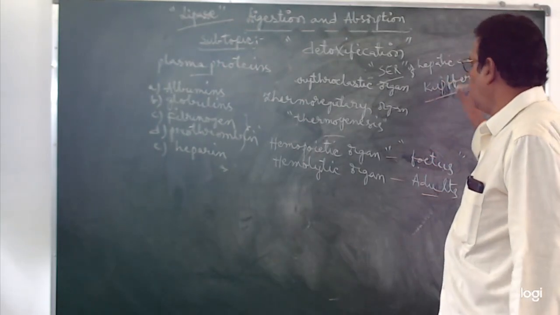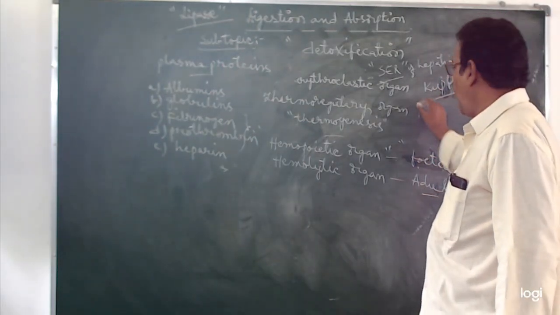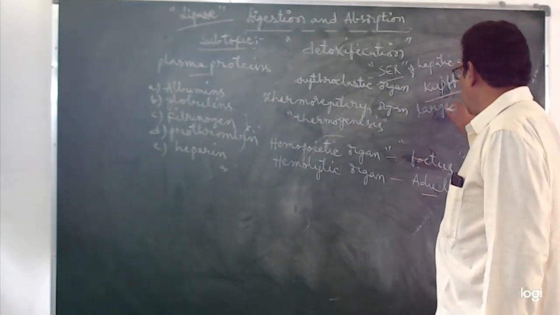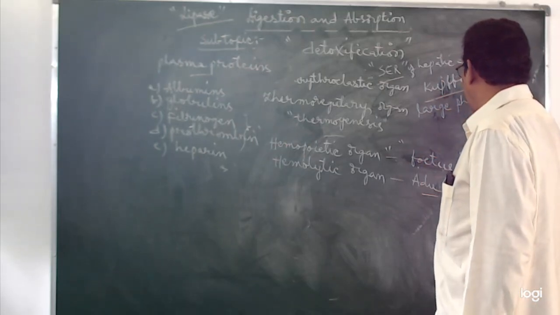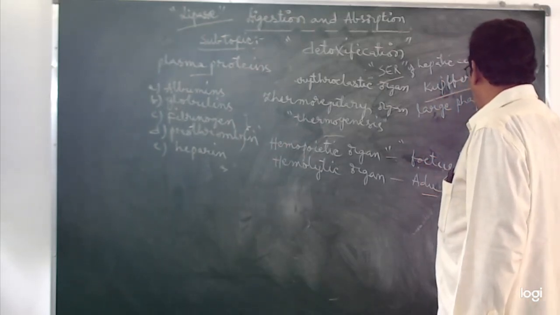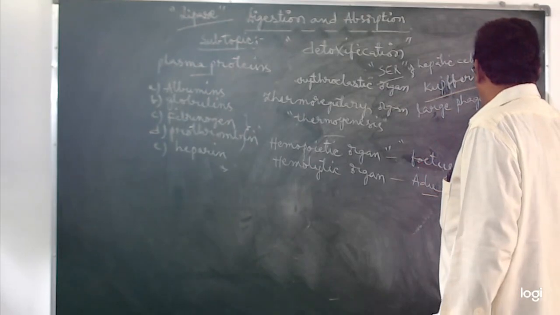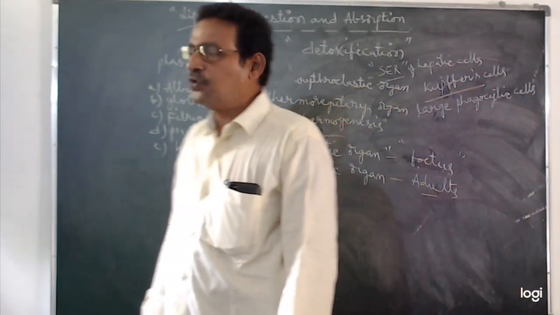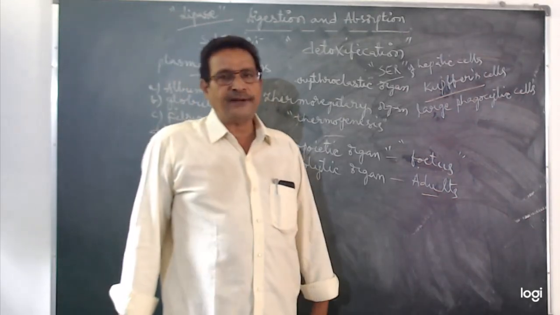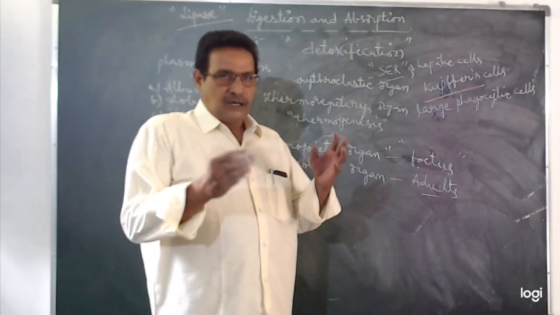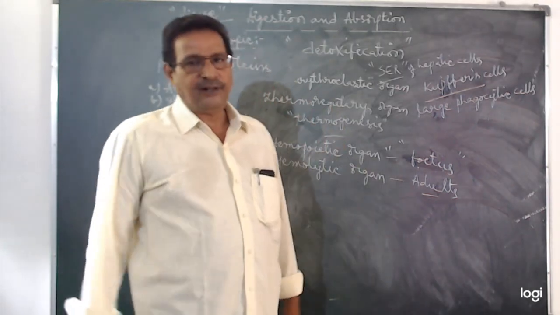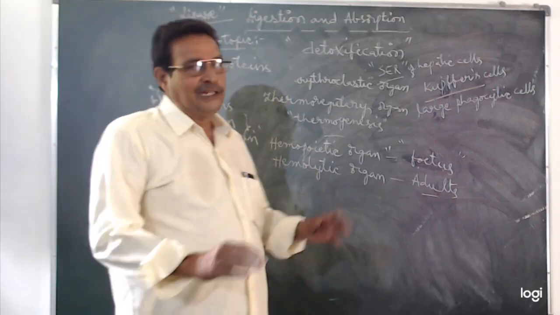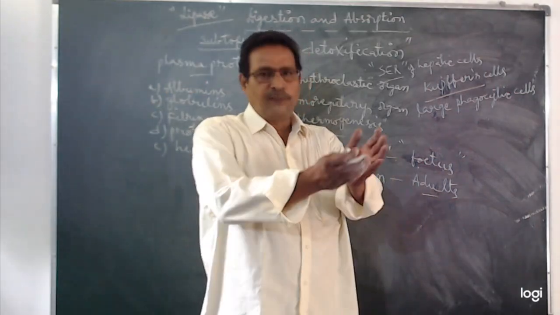Kupffer cells are large phagocytic cells which are present in the sinusoids of the lobules of liver. In each lobule, there are so many hepatic cords.